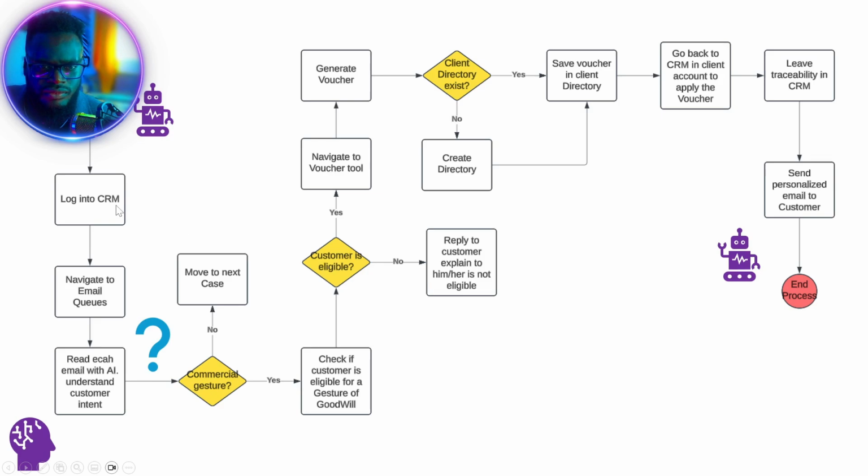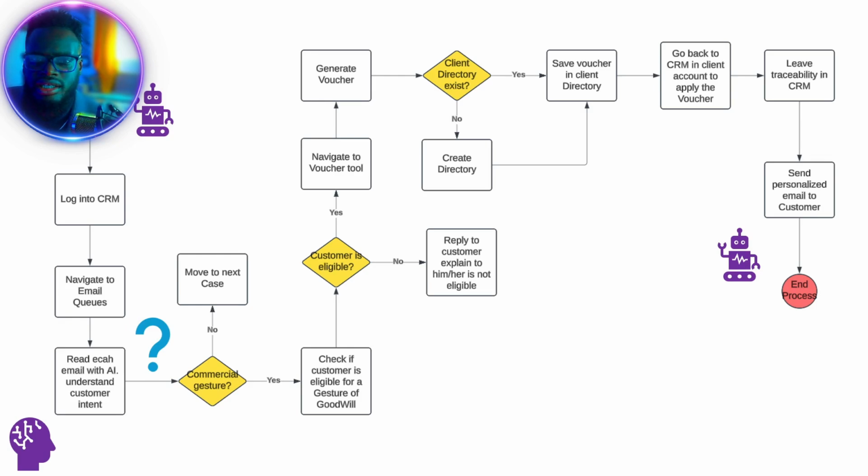So then after logging into the CRM, it will navigate to the email queues, right? To select the emails it was trained for. Our robot is only handling goodwill gestures.